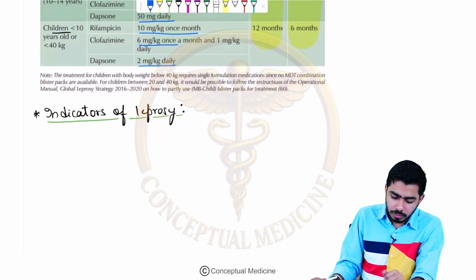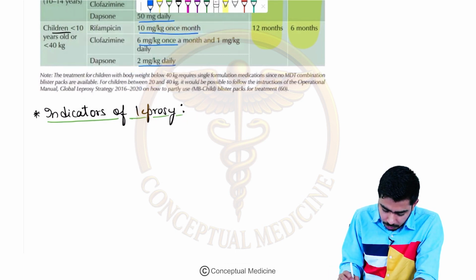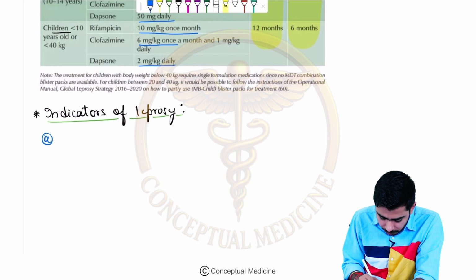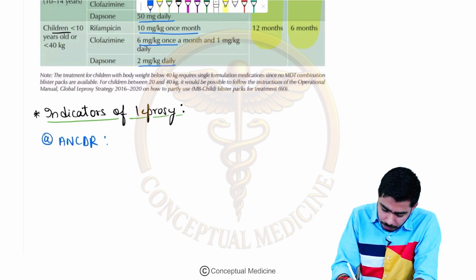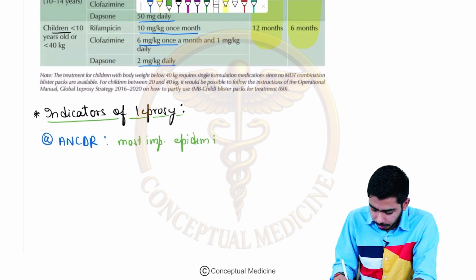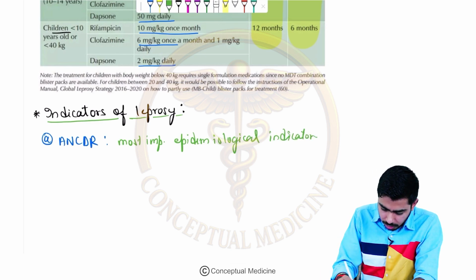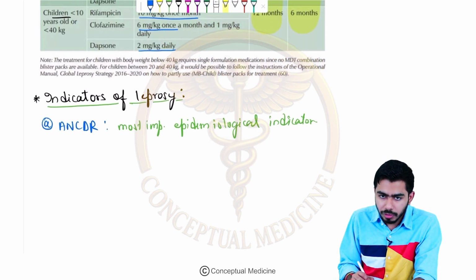Now we shall be talking about the indicators of leprosy, several indicators. The first indicator which we are going to talk about is the ANCDR indicator, and this is the most important epidemiological indicator. Sometimes they might ask which of the following is not an indicator of leprosy.